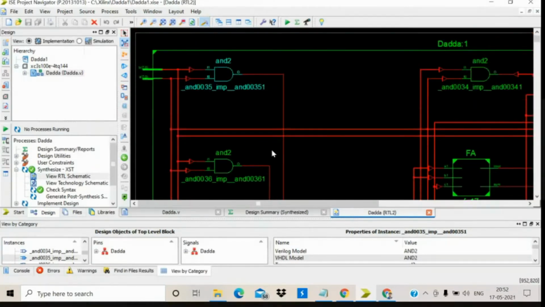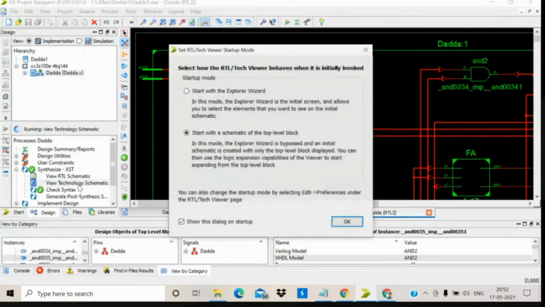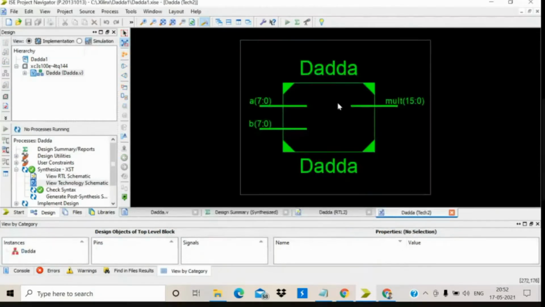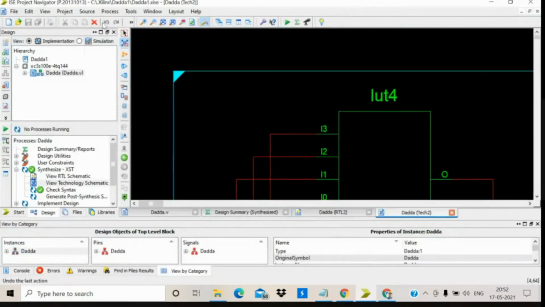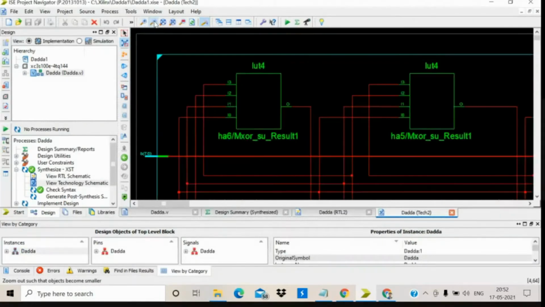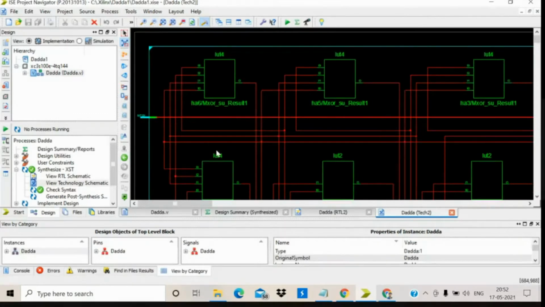The inner design would be like this, right? Let's look into the technology schematic. The technology schematic tells us about all the hardware components and materials we used for designing this data multiplier.